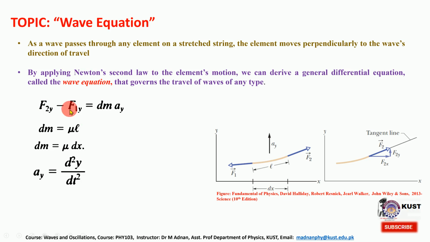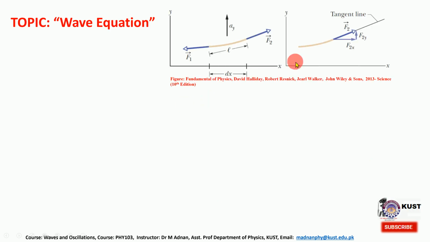Now on the next slide we will see how we can find these two components of the force, F1y and F2y. In the same figure over which we started with Newton's second law, F2y minus F1y will be equal to the net force, equal to m a, where m is the mass, in this case dm, and a_y is the transverse acceleration.